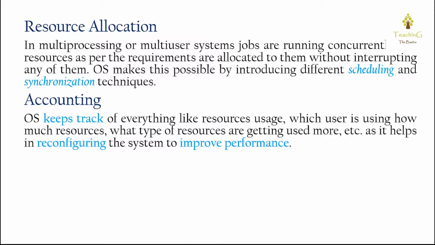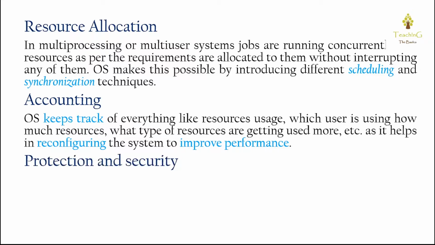On the basis of the statistics, if somebody wants to improve the performance of their system or reconfigure the system on the basis of those records, anyone can tweak their system to improve the performance. And this accounting function is something that helps any user or a researcher to do so.